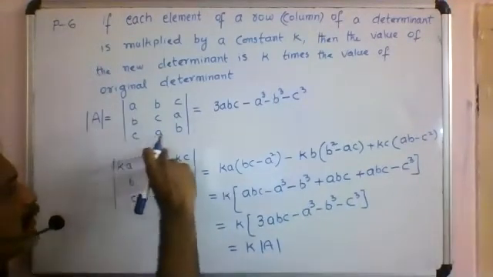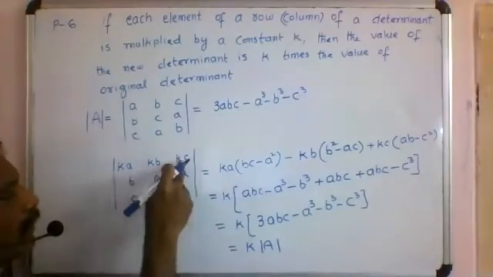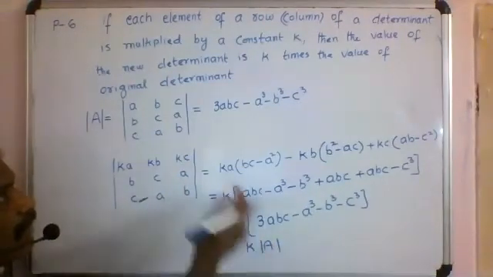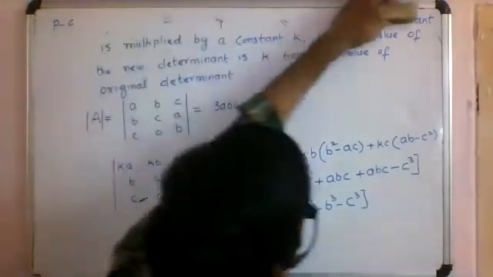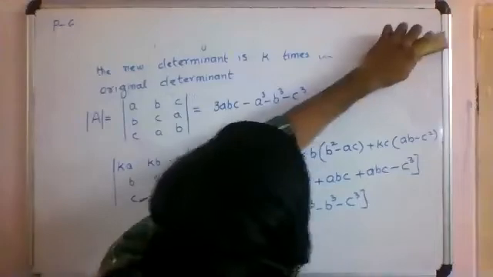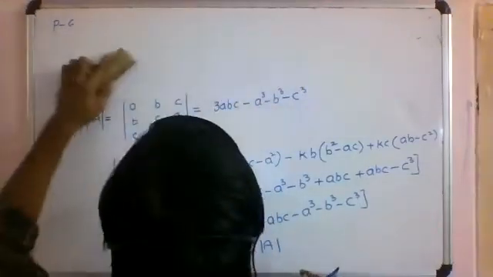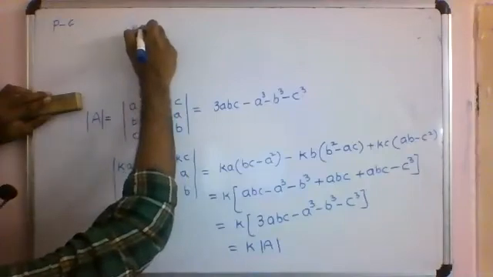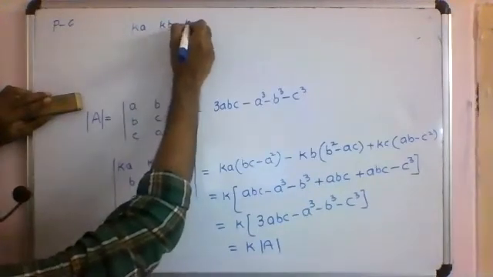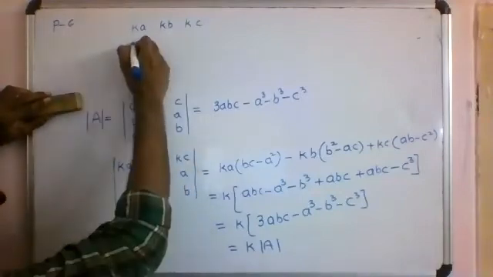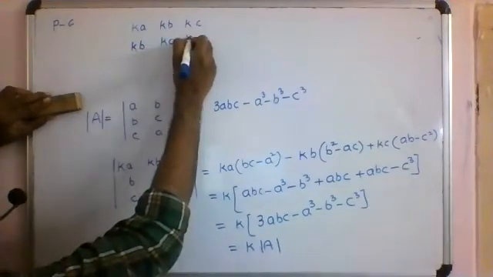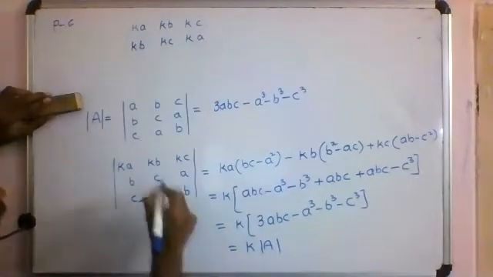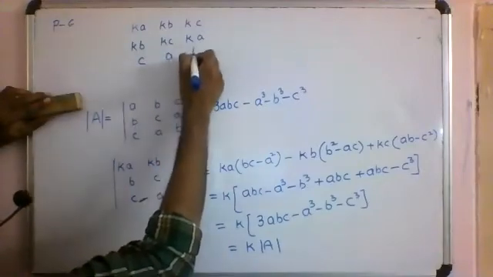If all the elements of the first row got multiplied by K, its determinant is K times det A, right? If I multiply the second row also with K, I'll write that: Ka, Kb, Kc, and the second row Kb, Kc, Ka, but the third row elements as it is, CAB.